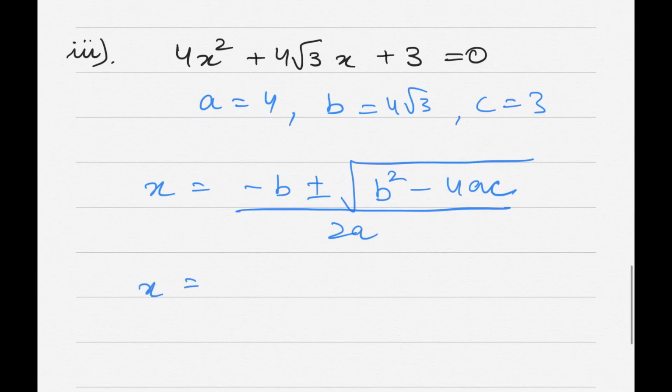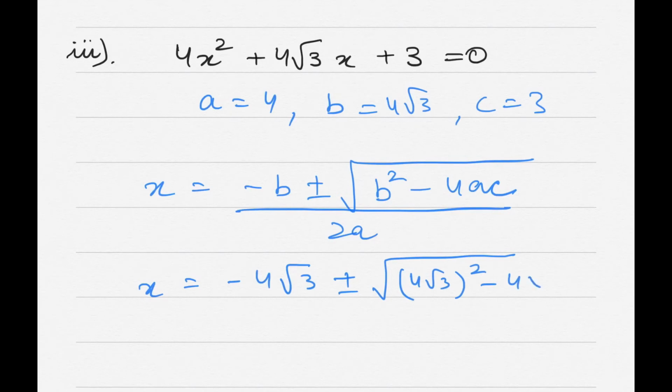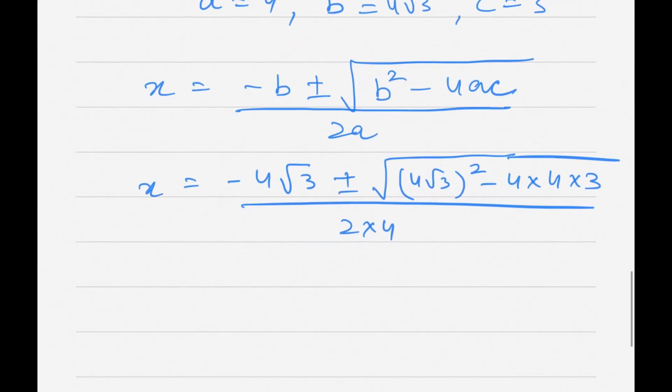Let's substitute the values. Minus b is minus 4 root 3 plus minus the square root of b square, which is 4 root 3 whole square, minus 4 into 4 into 3, divided by 2 into 4.